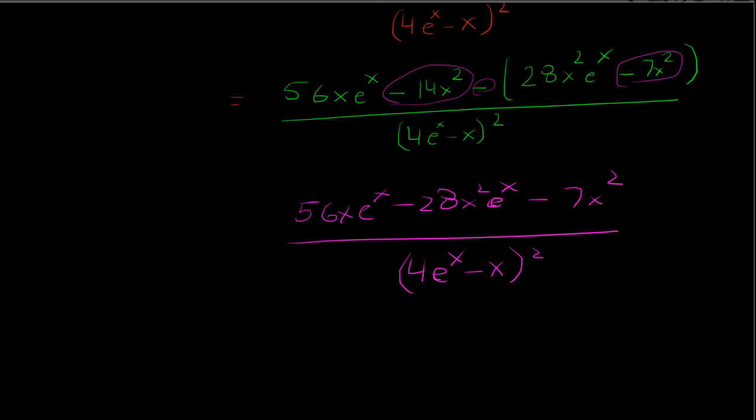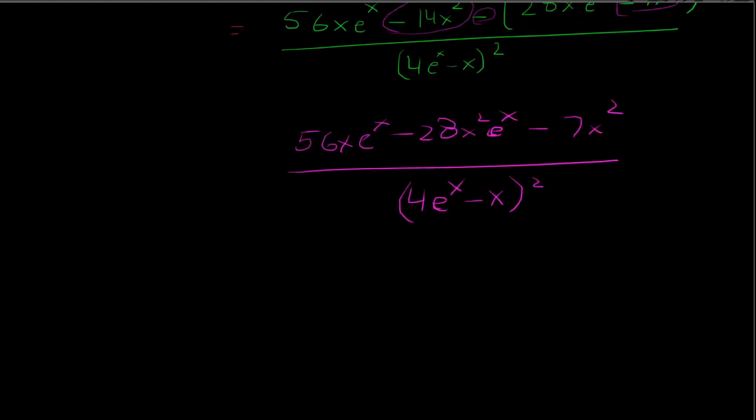And if we want, we can do some factoring of 7x. So we'll just go an extra step here. They all have a factor of 7x, so we're going to pull that out.